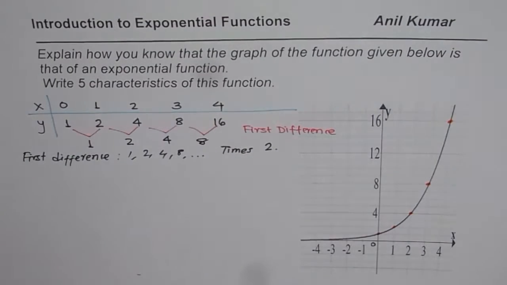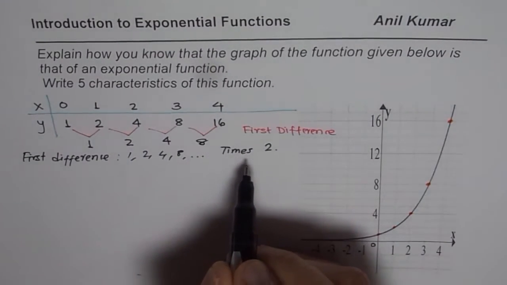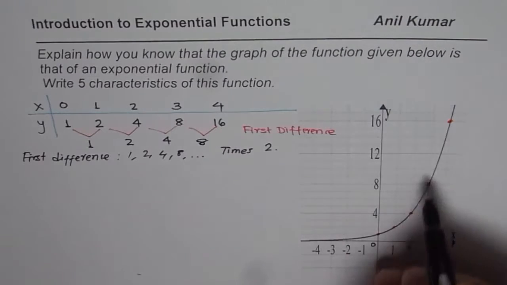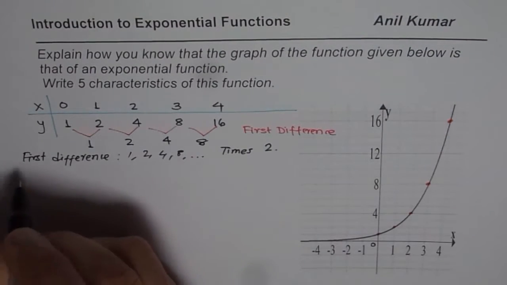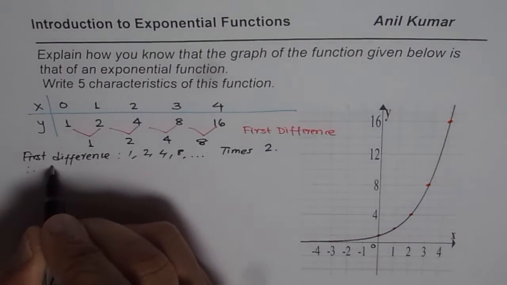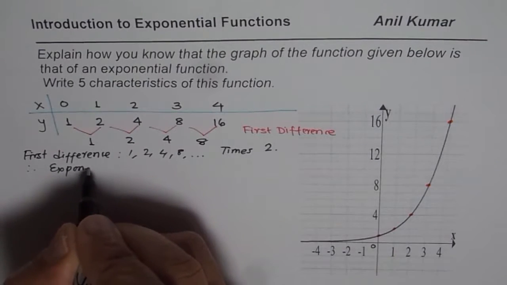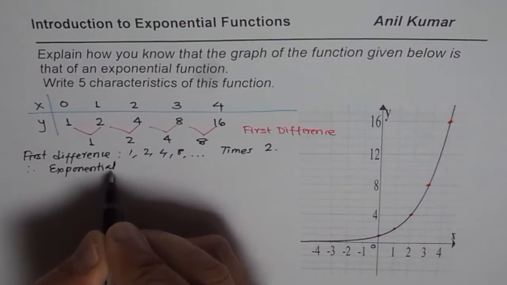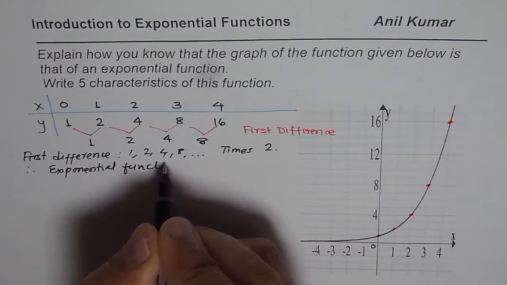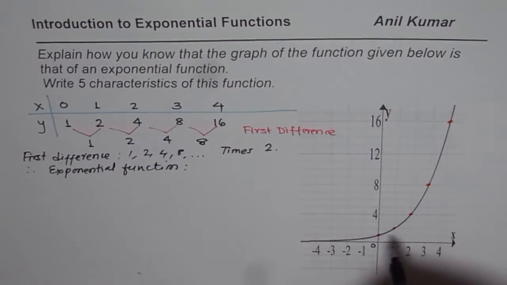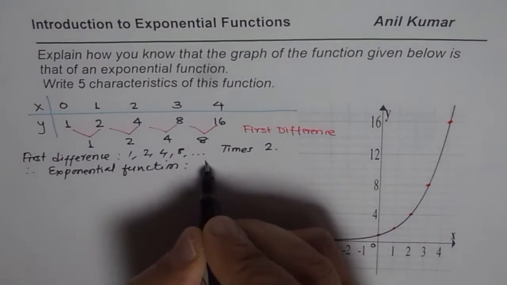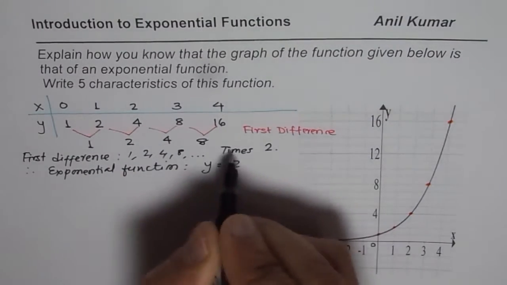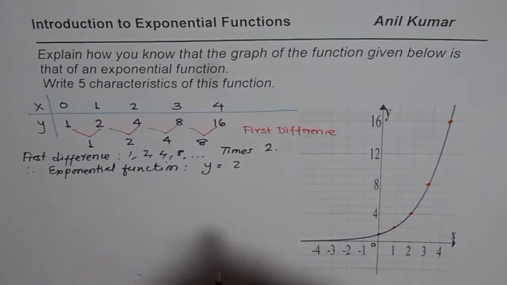So it's a multiplication pattern, and that justifies that the data or the graph represents an exponential function. So therefore, we have exponential function, right? And if you can notice, we could write y equals 2. 2 is the multiple, so that gives you an idea about the base.